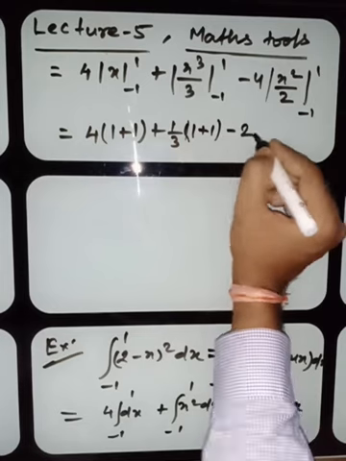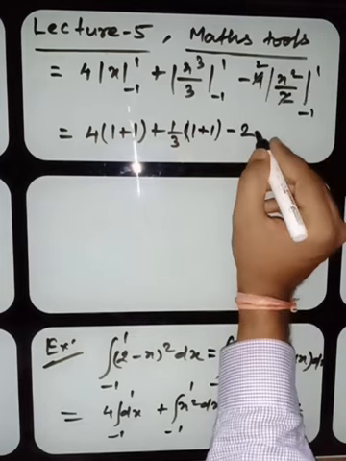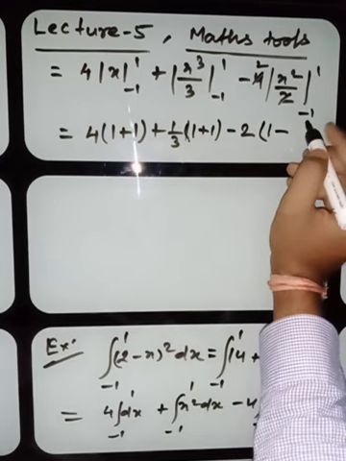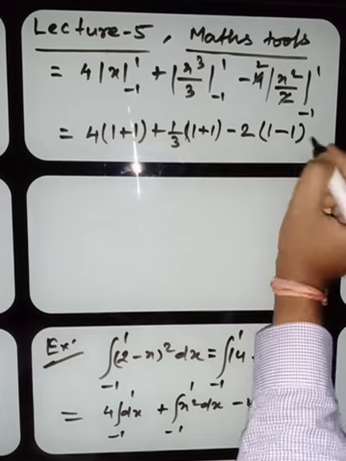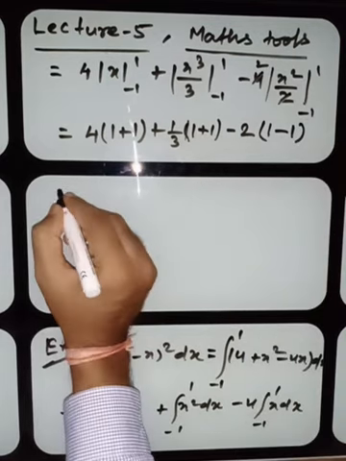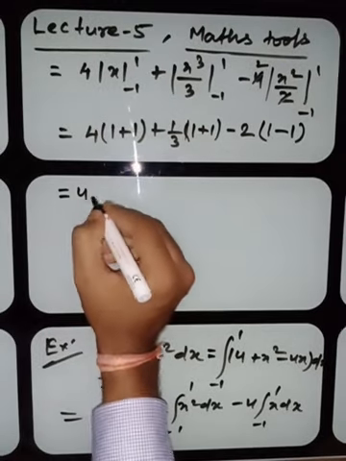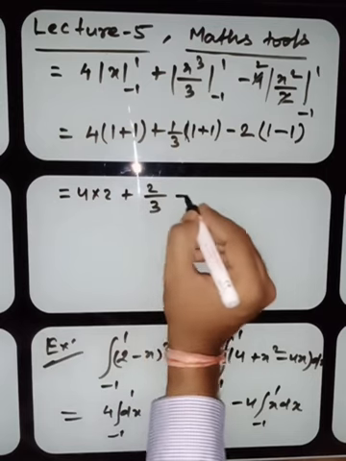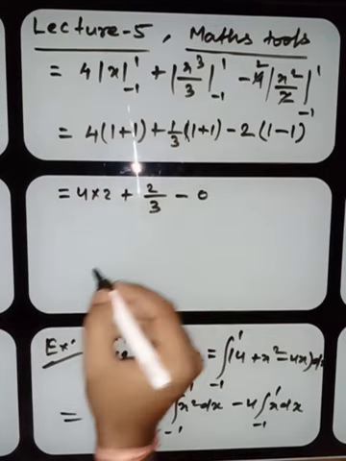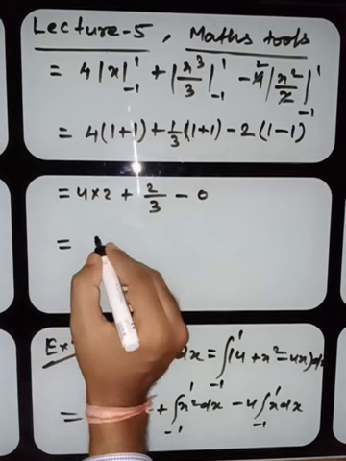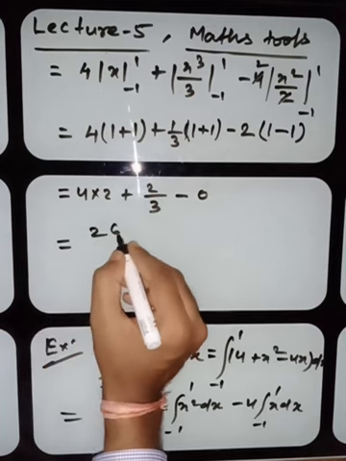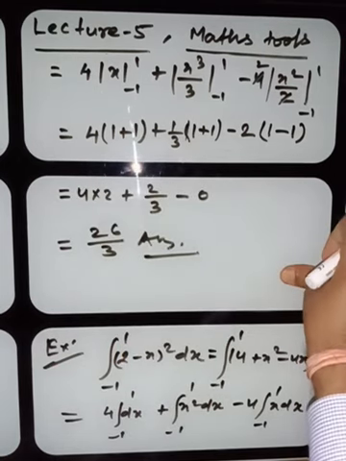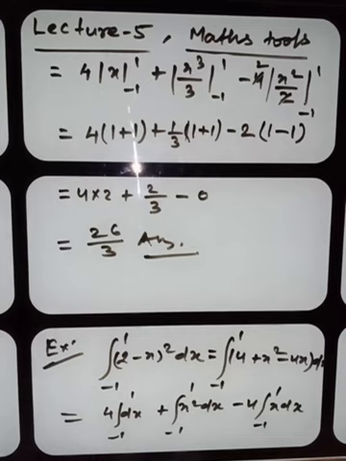Now minus 2, it cancels out, 1 square is 1, and the square of minus 1 will be plus 1, so it is minus 4 times 2 plus 2 over 3 minus 0, it is 0, so it is 24 and 2, 26 divided by 3, answer I think. All right, so this is your answer.